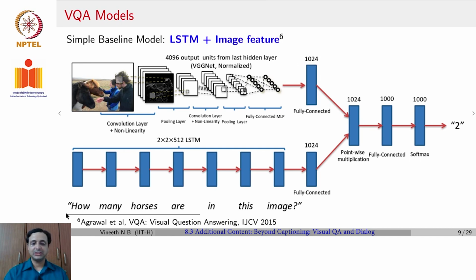Similarly, for the question, you pass each word through different time steps of an LSTM. The output of an LSTM is a vector, which is again 1024 dimensions. You concatenate these two and send it through a few fully connected layers to make a final prediction of what the answer should be.